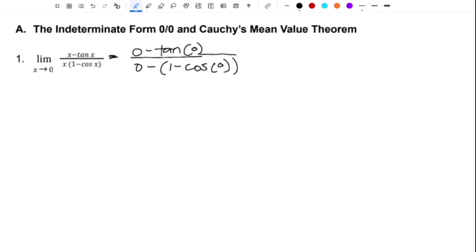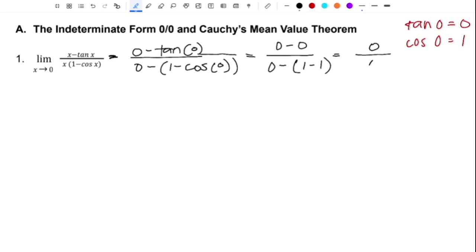When we do the calculation, tangent 0 is 0, so we have 0 minus 0 on top. Cosine 0 is 1. Therefore, 1 minus 1, we also get 0.